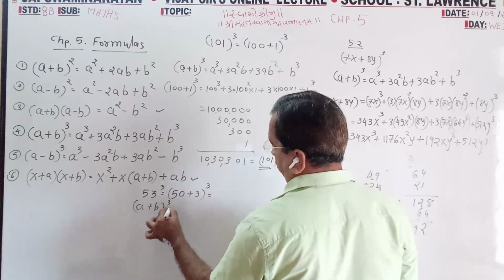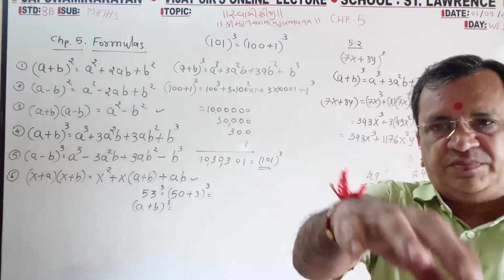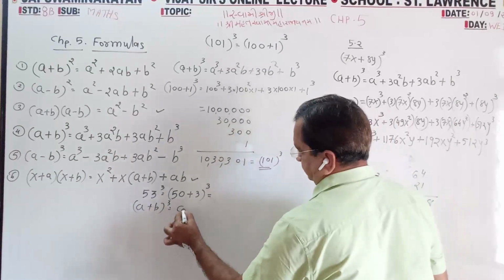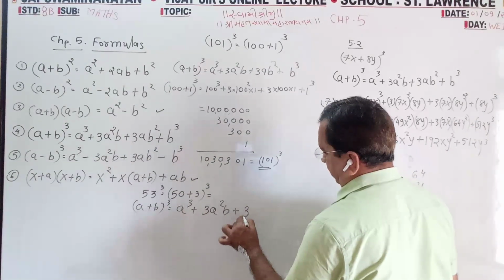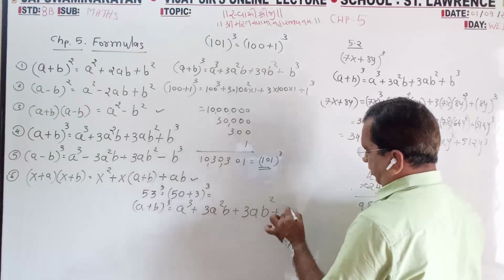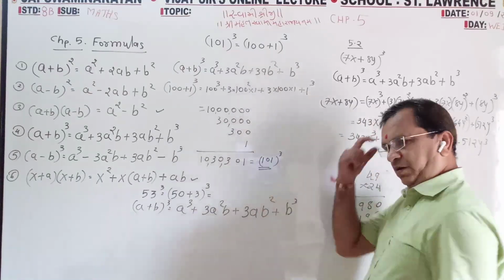A plus b cube is equal to a cube plus 3a square b plus 3ab square plus b cube.